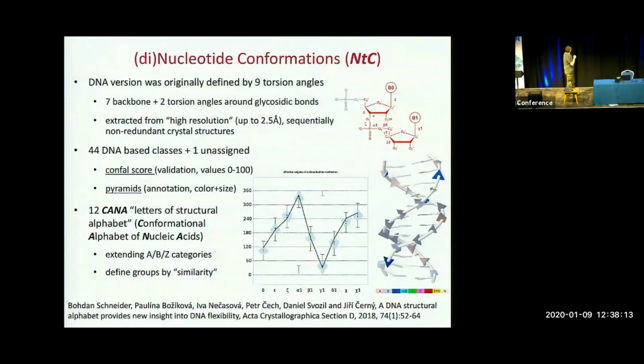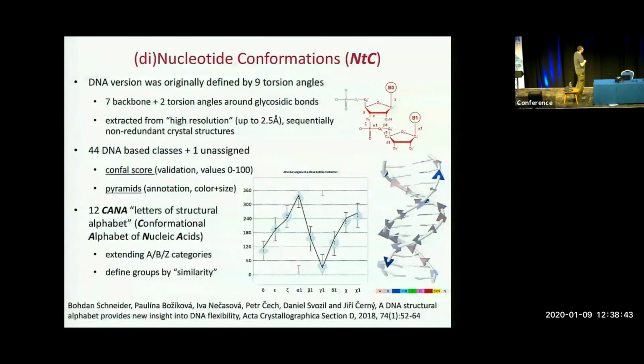The other thing is these pyramids. Their color and size can serve as a simple annotation for the structure. Maybe not for you, but for me, it is obvious that it's mostly B form, but there are some pink A forms, which is actually quite surprising because this is the prototypical B form, right? It's not that B as many people think.